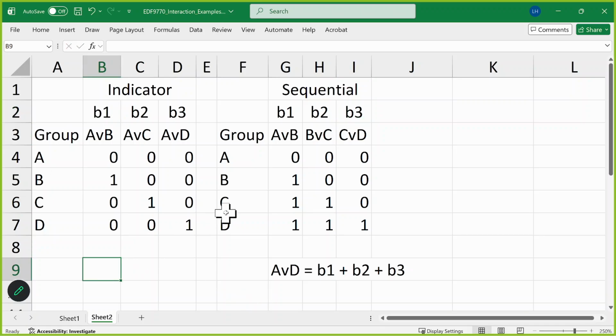Okay, so then down here, if I wanted to know, say, C versus D, I can start with, what is the model for C? It's beta 0. Nope. 1 second.